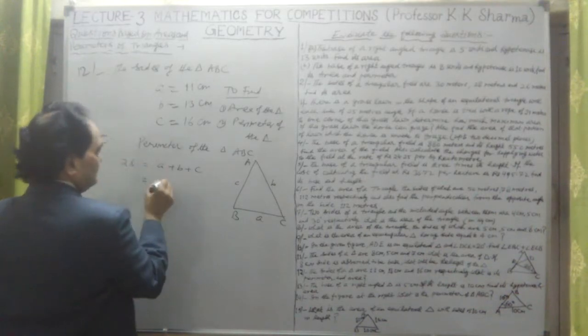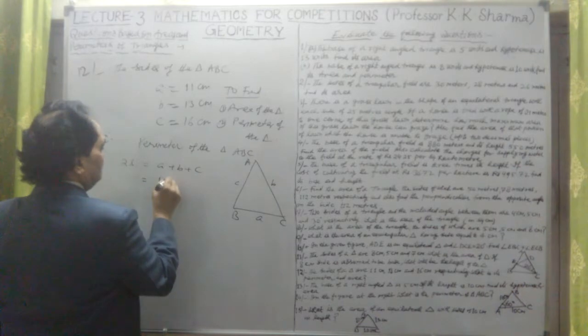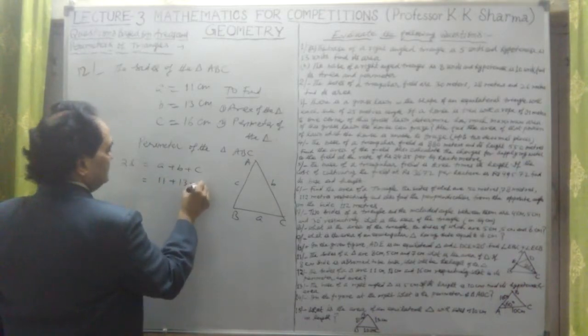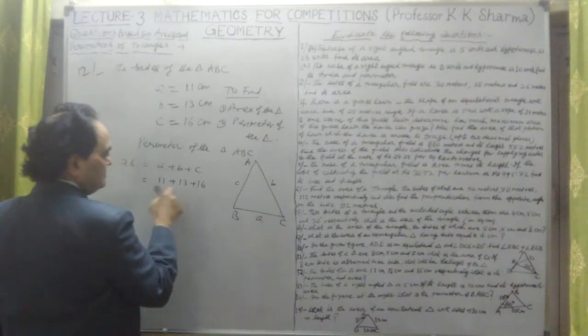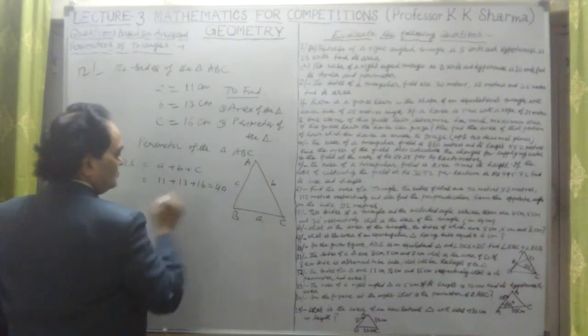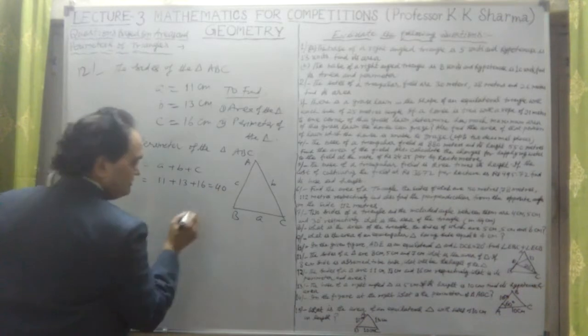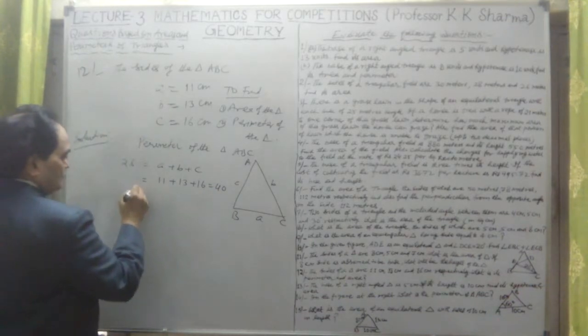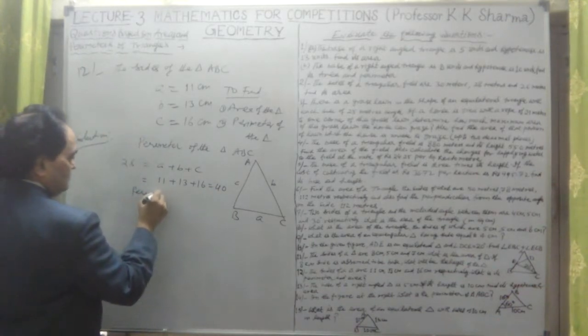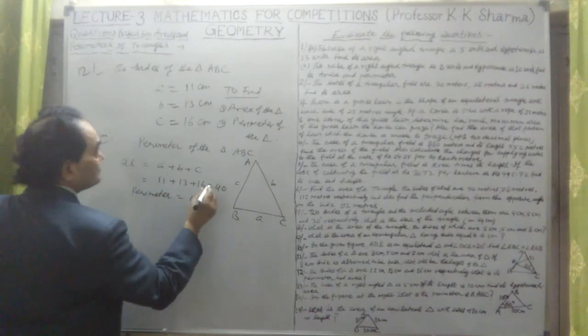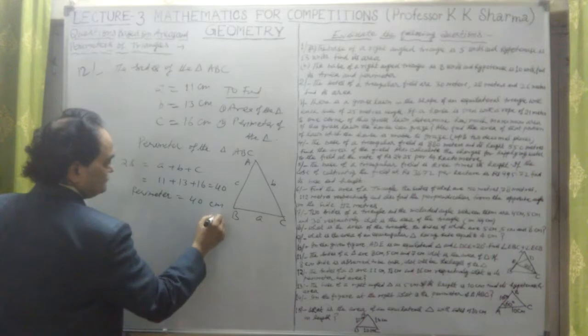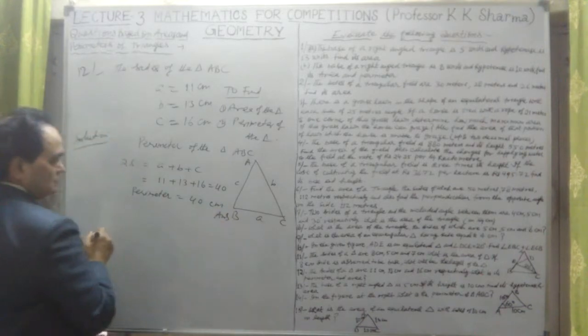Okay, so let me sum them. 11 plus 13 plus 16: 13 plus 16 is 29, and plus 11 is 40. The perimeter is 40. The first answer is perimeter is equal to 40 centimeters.